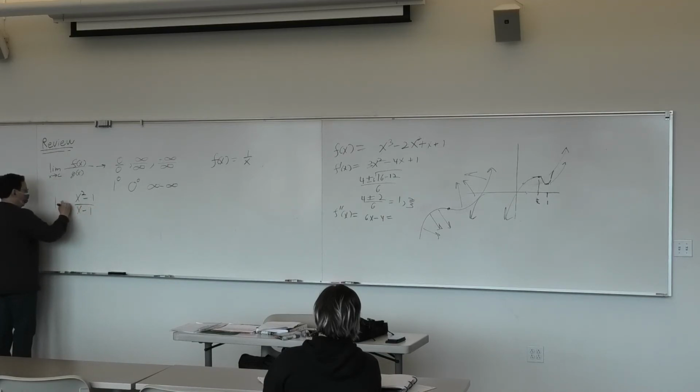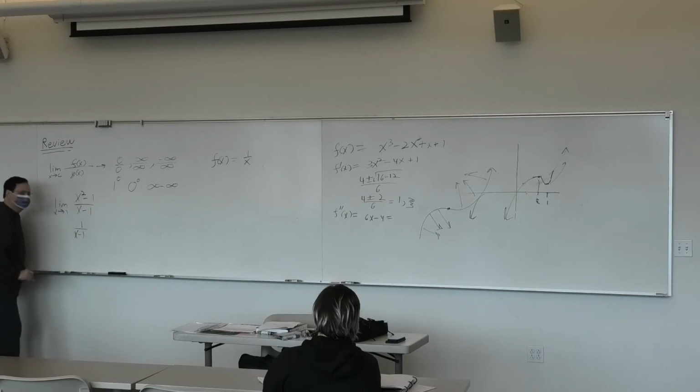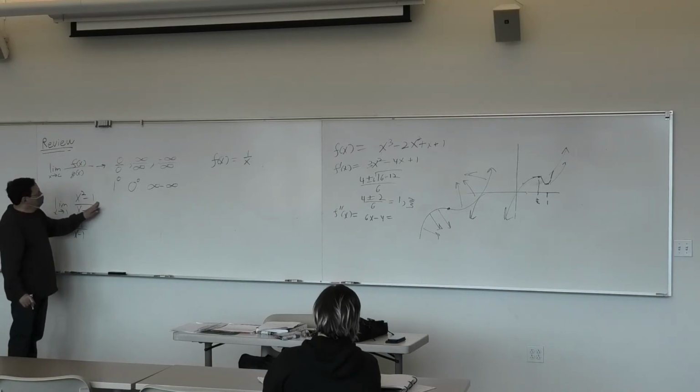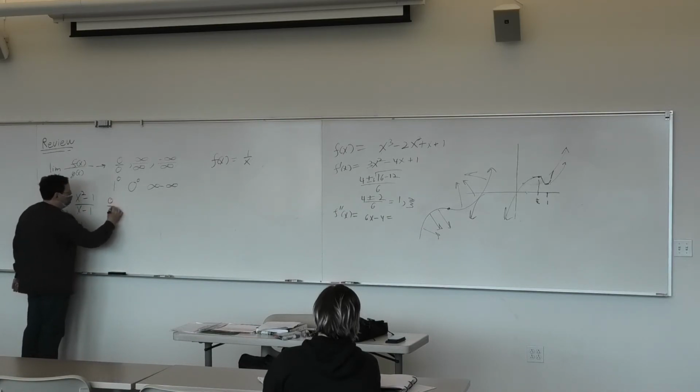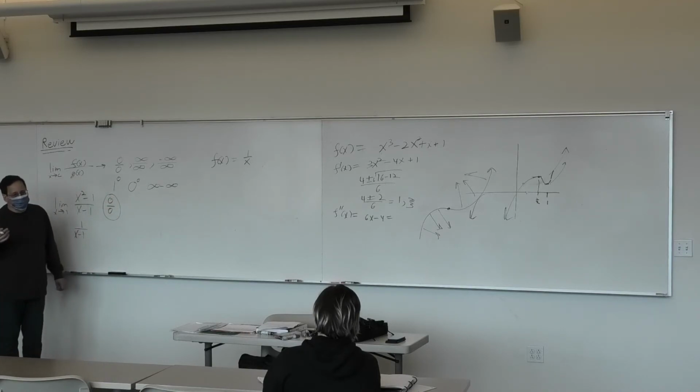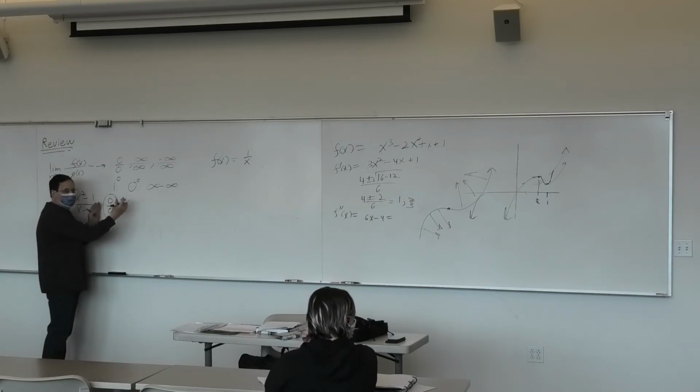The limit here as x approaches 1, it's undefined at 1. But this is also undefined at 1, right? This is an indeterminate form because the numerator is going to 0, the denominator is going to 0, and the limit gets close to 0 over 0.